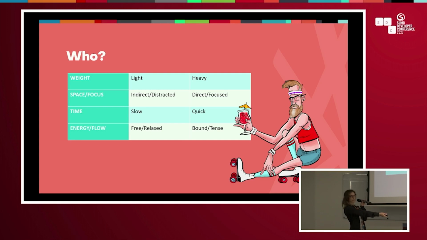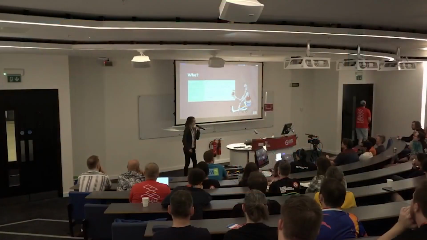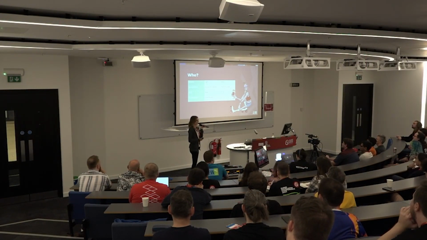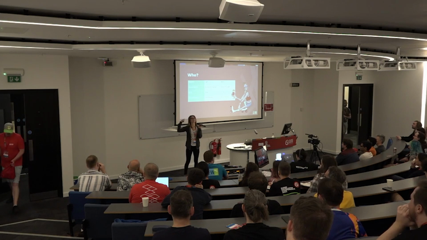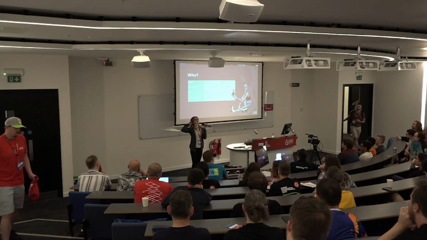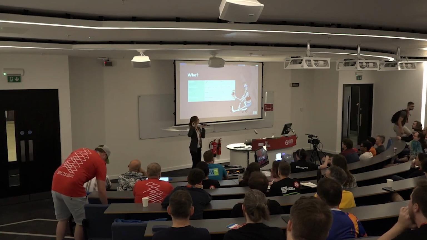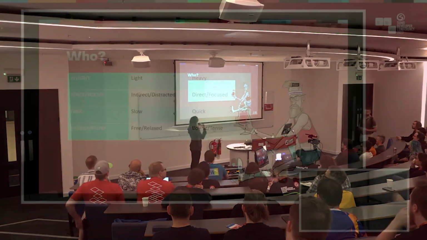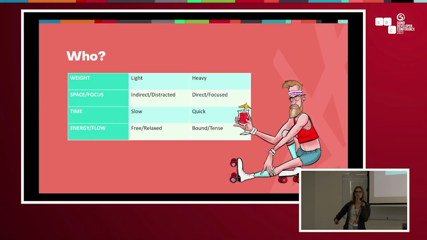How do we think that Skater Joe will move, indirect or direct? Indirect? Okay, great. Do we think that Joe is a fast or a slow skater? Fast? Slow? I'm hearing mixed messages. Which one's louder? Slow? Okay, great. So far, they're light on their feet, they're indirect, and they're slow.